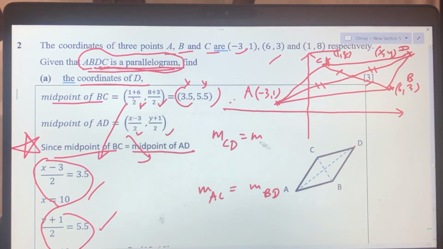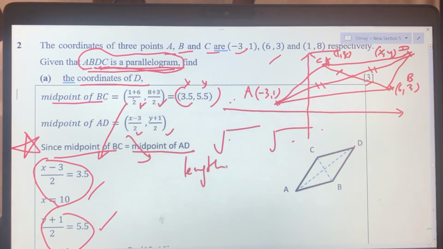Then the other method that some of you use is you say, oh, this length equals this length, but not much of a use, because then the expression becomes very complicated because there's a lot of square and square root. So using length is not efficient. Using gradient is also not efficient. But those of you who did it this way, go and think about whether you can get the answer in the very first place.